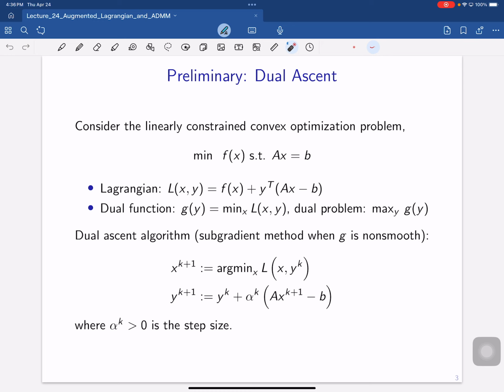Now, how does the dual ascent algorithm work? Let's assume that at a given iteration, you first fix the yk variable to the dual you got from the previous iteration. If you don't know how to get yk in the first iteration, just choose yk equal to 0.